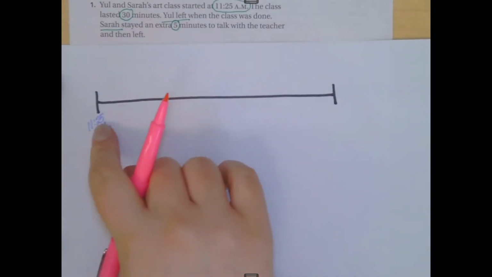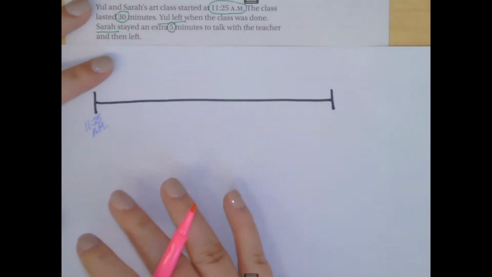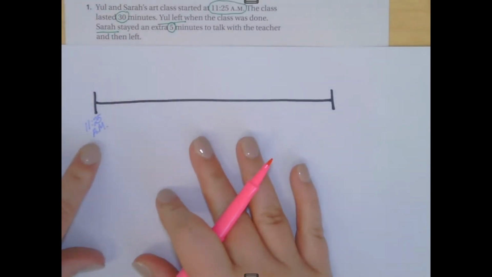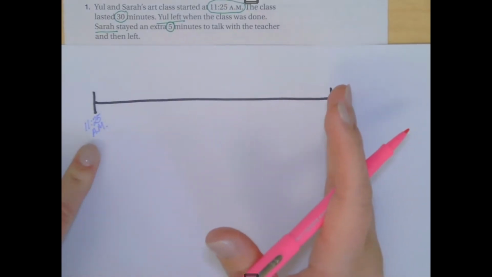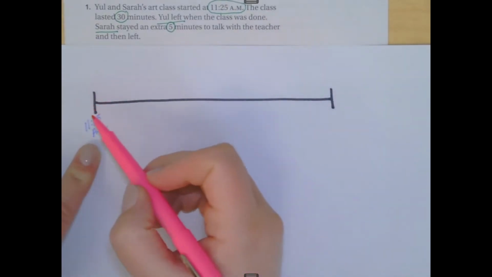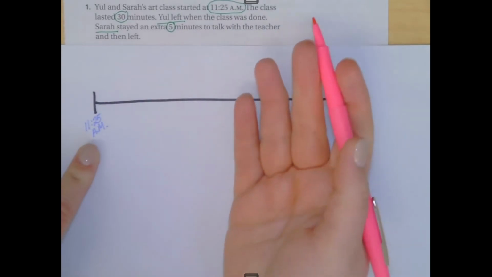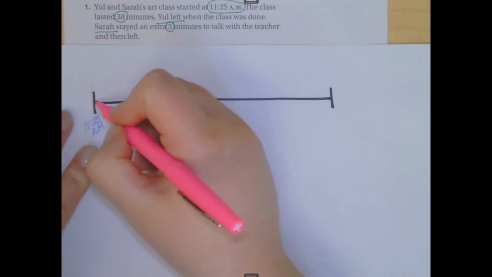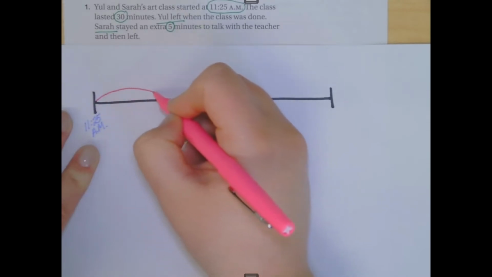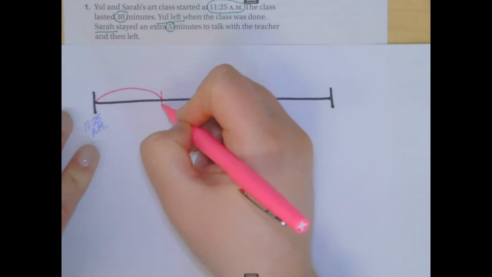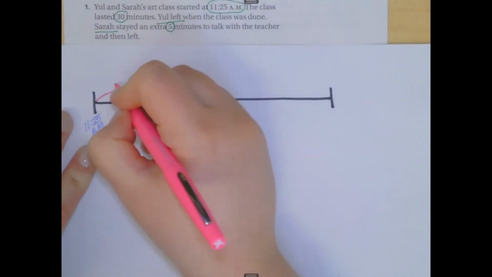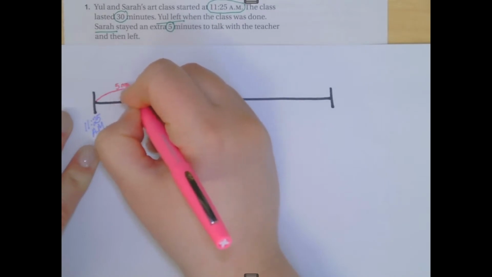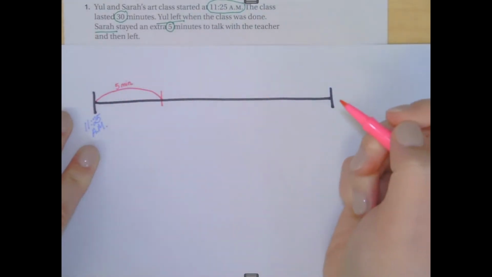So when I look at 25, I think of what little jump could I make to get to the next friendliest number? Well, the next friendly number from 25 would be 30, 11:30, and that's 5 minutes away. So I'm going to make a 5-minute jump. So here's my jump, and I want to label my jump 5 minutes so I know how far I've jumped.